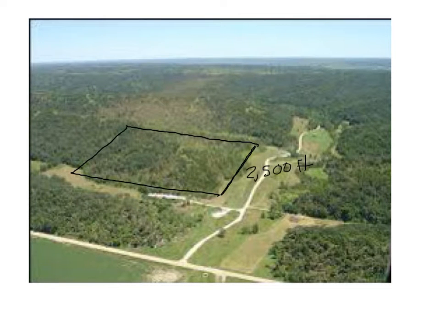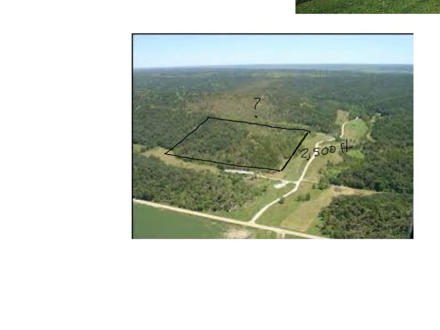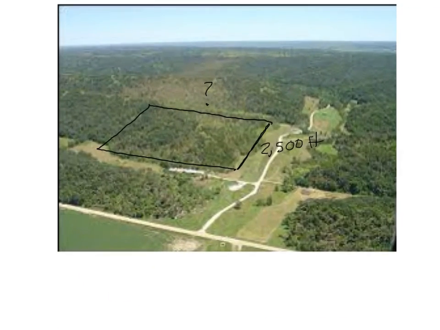I need to know what the length of the fence is going to be. Currently, all I know is I have 12,000 feet of fence to work with, and this side right there is 2,500. Fortunately, we were given the clue that you're going to build a fence in the shape of a rectangle, which means that this side is also going to be 2,500.